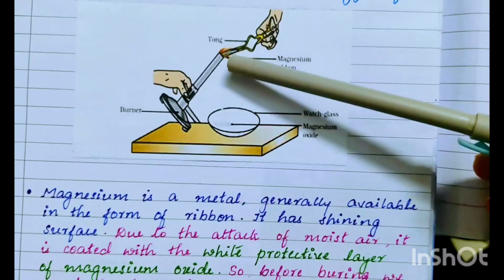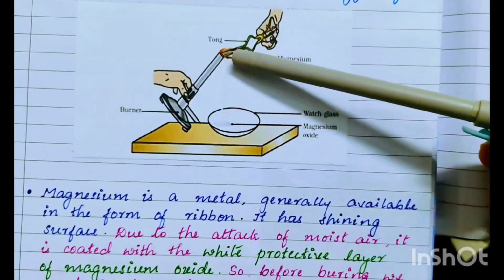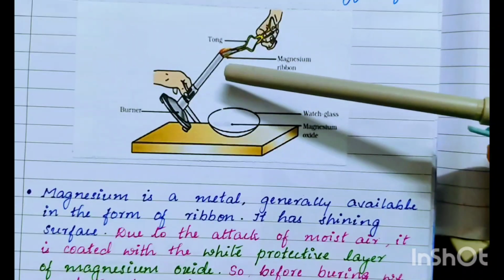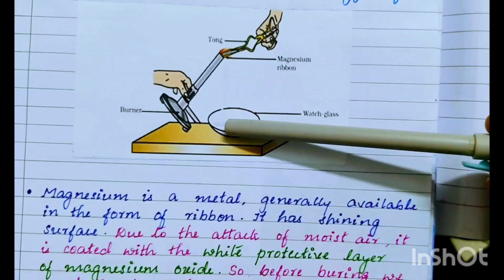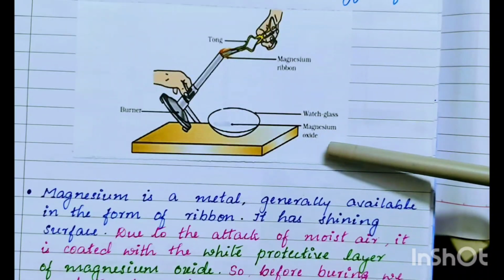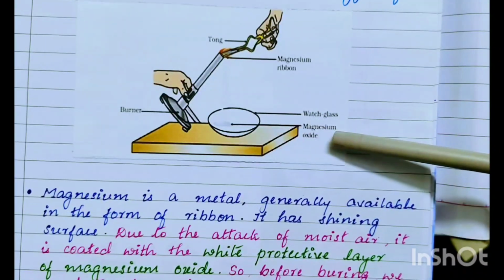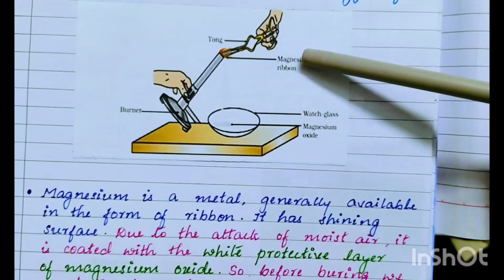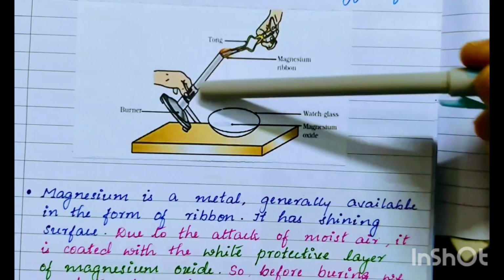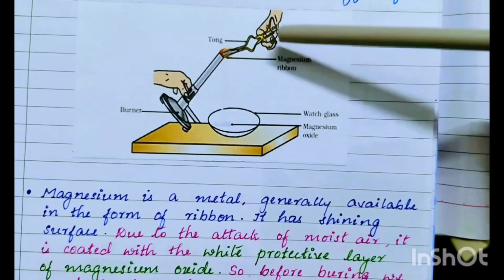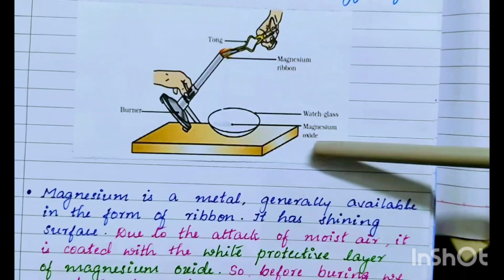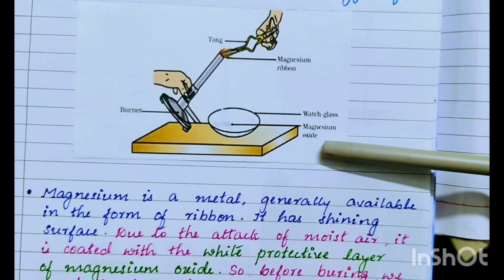As you can see here, after the burning process, the magnesium ribbon entirely converts into a white powder, called magnesium oxide. This is the new substance. The magnesium and the oxygen present around it are the reactants. They react together and the new substance, magnesium oxide, is formed.